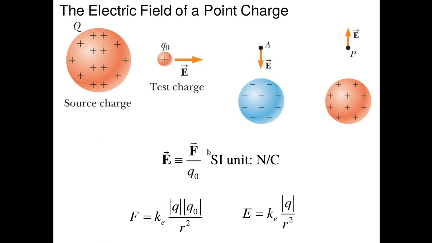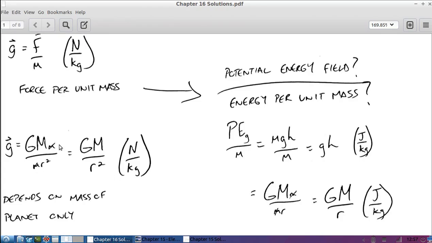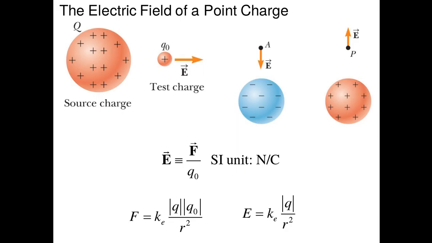Similarly, I take the Coulomb's law force and divide it by Q naught, like I did with the mass of the moon or the mass of my test mass, whatever was at that location. I divide both sides by Q naught, and I get F over Q naught, which is equal to E. So now I've got an expression I can use to calculate the magnitude of the electric field at any location.